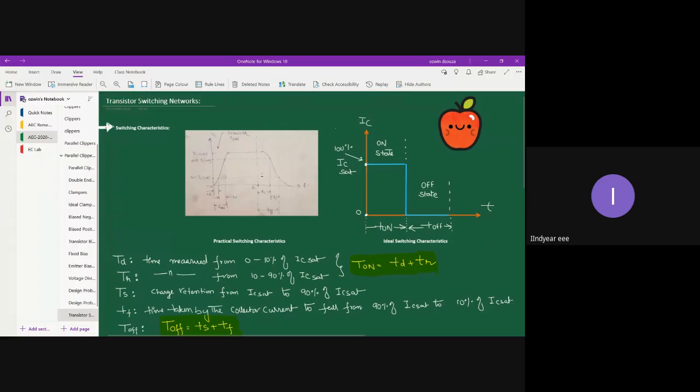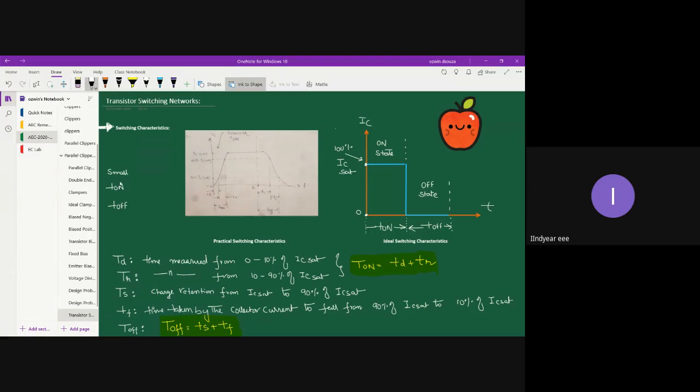Now you see, switching transistors are different from normal transistors. In the sense that switching transistors will have very small on time and off time.